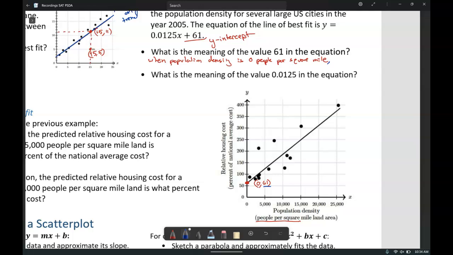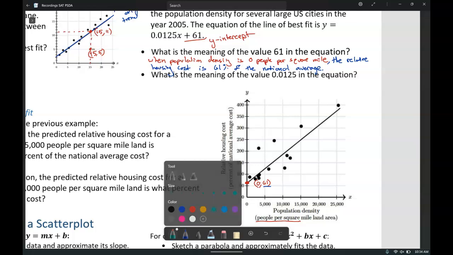So when our population density is at 0, the relative housing cost is 61% of the national average. So all we did to describe that value was look at what the ordered pair is and lay out what the x value represents and what the y value represents. Then we can look at the next part.